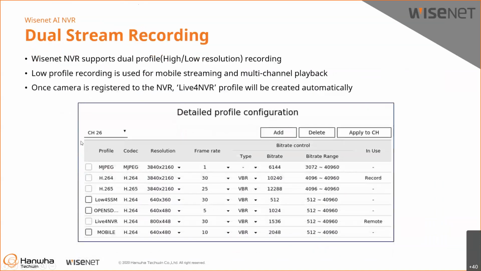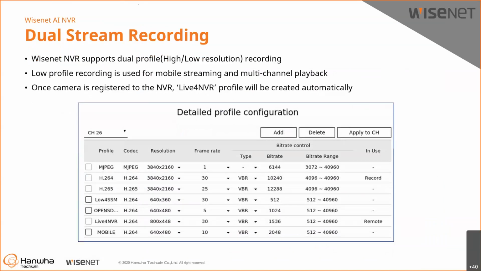And basically, this new MVR will support dual stream recording, which means it will record one high resolution and one low resolution stream by default. Of course, it's optional. So if you don't want to record low resolution, you can just turn it off. But the low resolution profile will be used for mobile streaming and sometimes multi-channel playback.